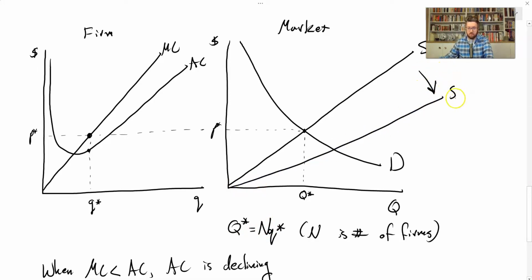Okay, so this is supply 2. And eventually we're going to reach a point where the price that they arrive at here, so this will be price 2, is equal to both marginal cost and average cost. Okay? The point where that happens is called the long run supply.